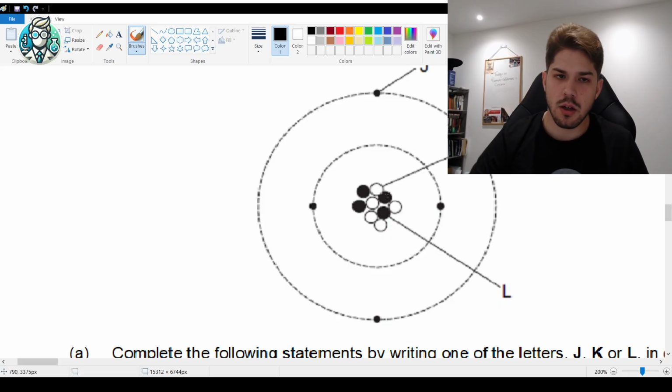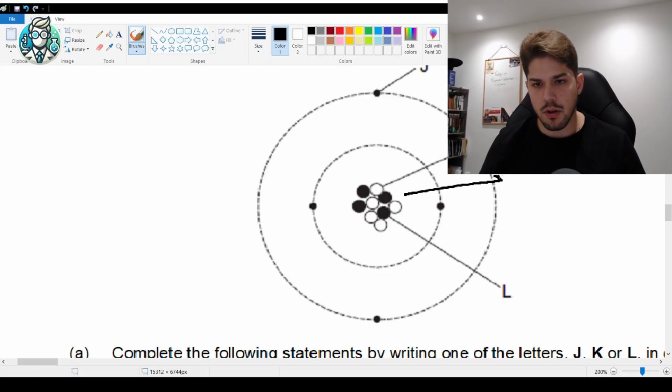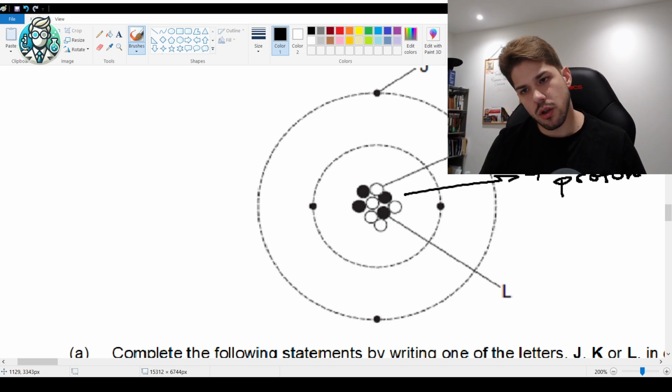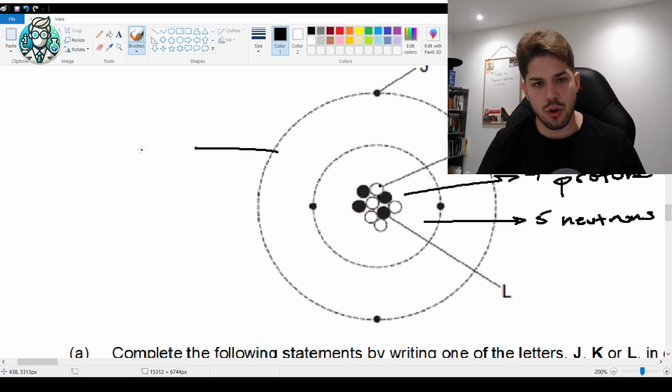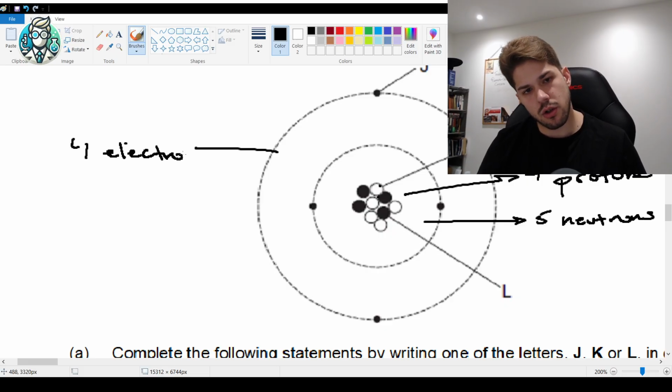So in this diagram, we have 4 protons. And we have 1, 2, 3, 4, 5 neutrons. And we have also 1, 2, 3, 4 electrons.